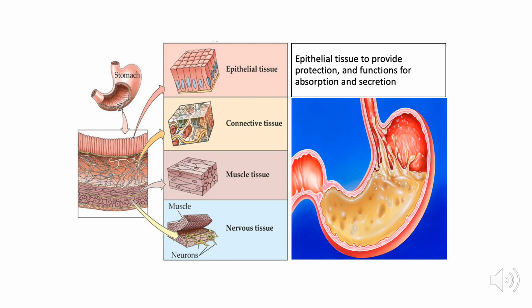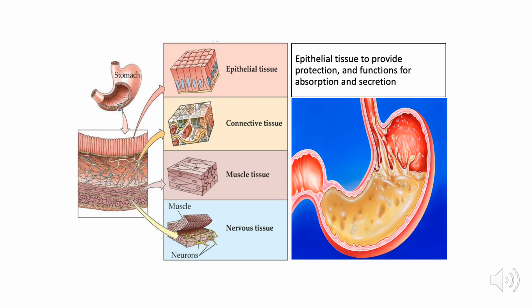Okay, so therefore you can also assume, okay, that the lining epithelium doesn't have its own blood supply, because if there's a presence of blood vessel between these cells, then these cells are no longer tightly packed and they cannot function for protection. I hope you can appreciate that the cells have to be tightly packed so that the acid cannot go through between them and destroy the other tissues of the stomach.